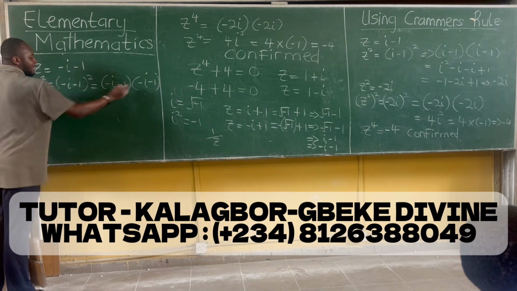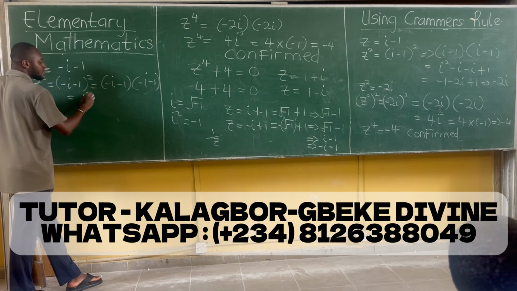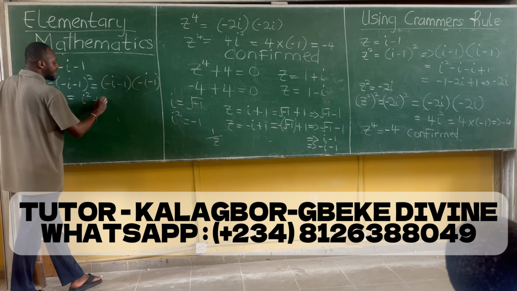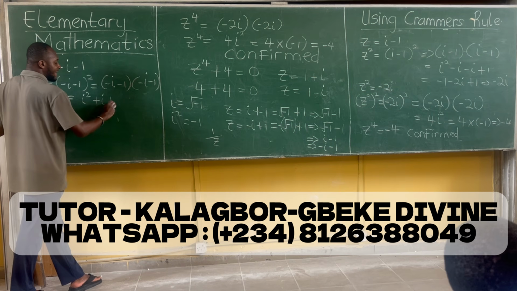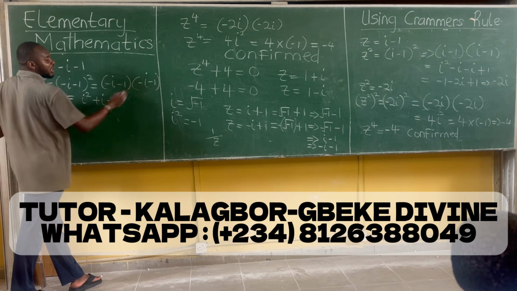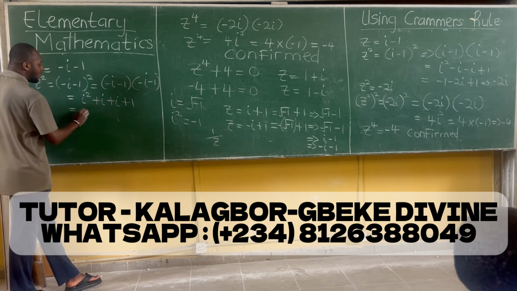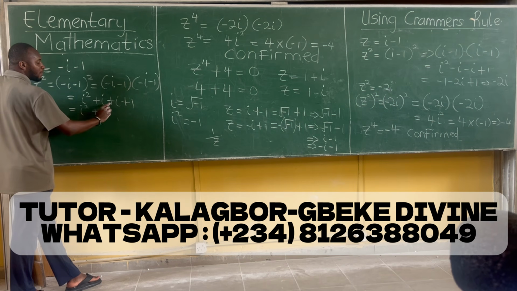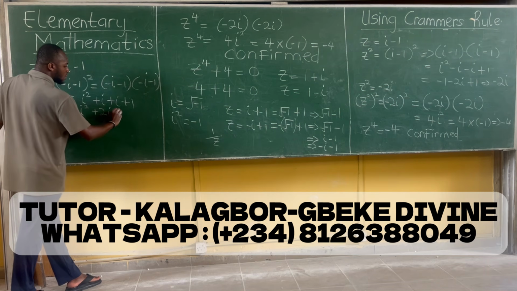Minus i times minus i will give us plus i squared. Minus i times minus 1 will give us plus i. Minus 1 times minus i will give us plus i again. Minus 1 times minus 1 will give us plus 1. So simplifying, we have i squared plus 2i plus 1.